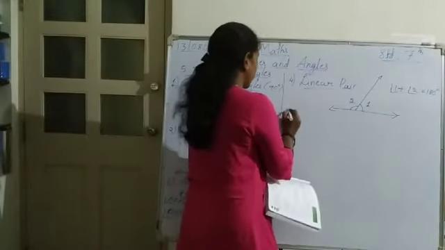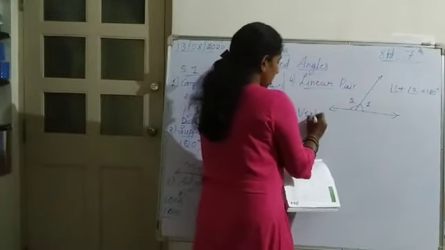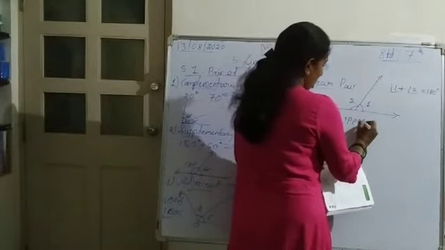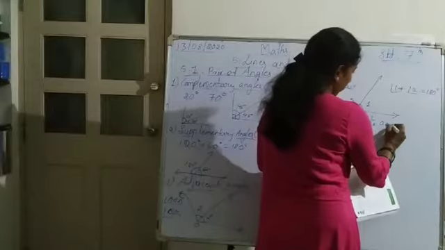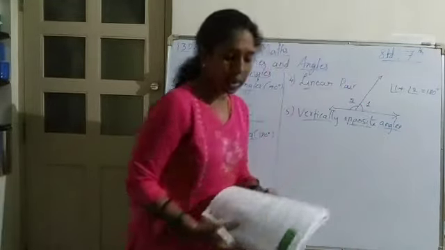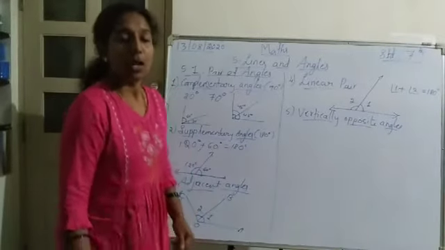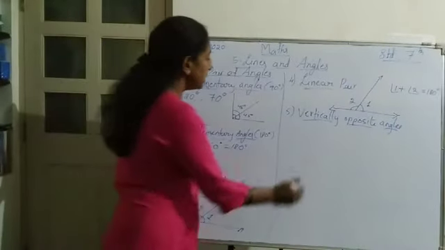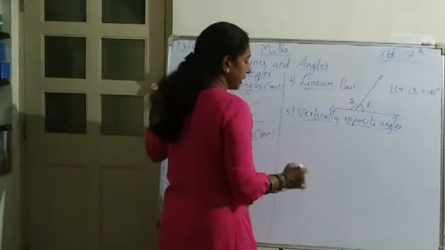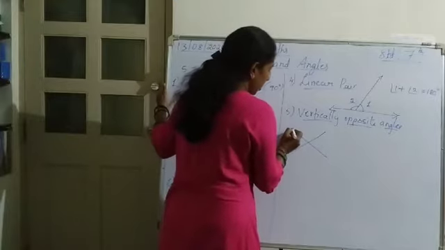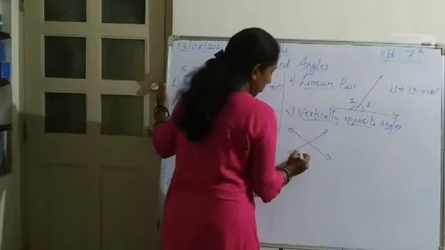Next, the fifth one is called vertically opposite angles. Here I will take two straight lines.